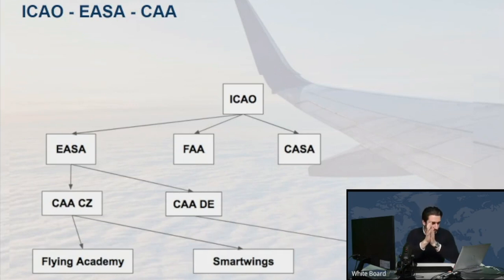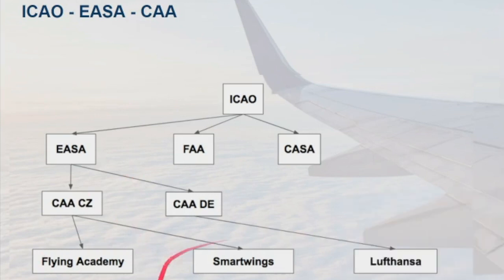An example could be the minimum required fuel, but also the minimum altitudes. Flying Academy, Smartwings, Lufthansa, all of them follow regulation, but of course Lufthansa will not take regulation from Czech CAA, they have no purpose for it. They take regulation from German CAA because that is where they are registered. That's pretty much about the regulation.